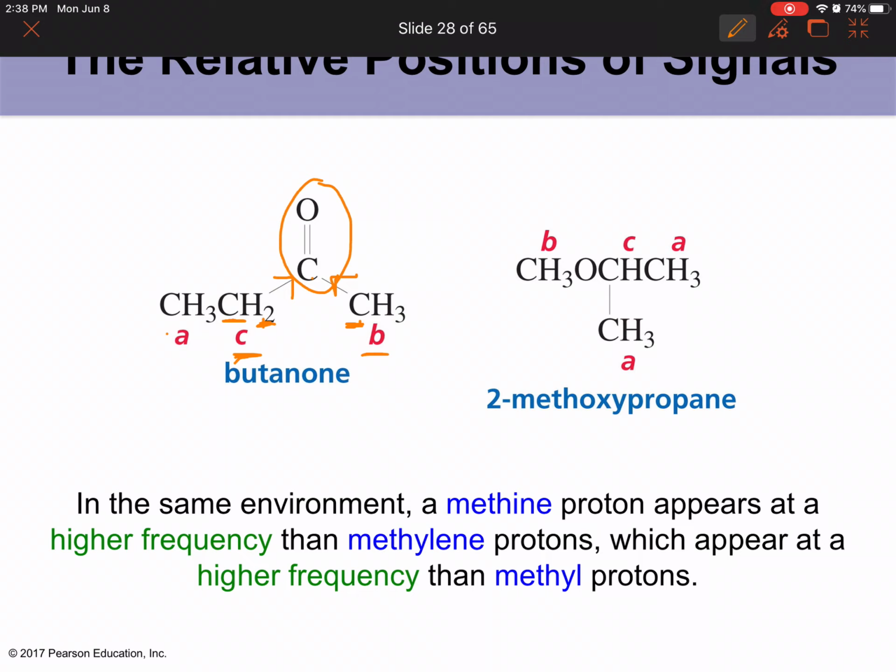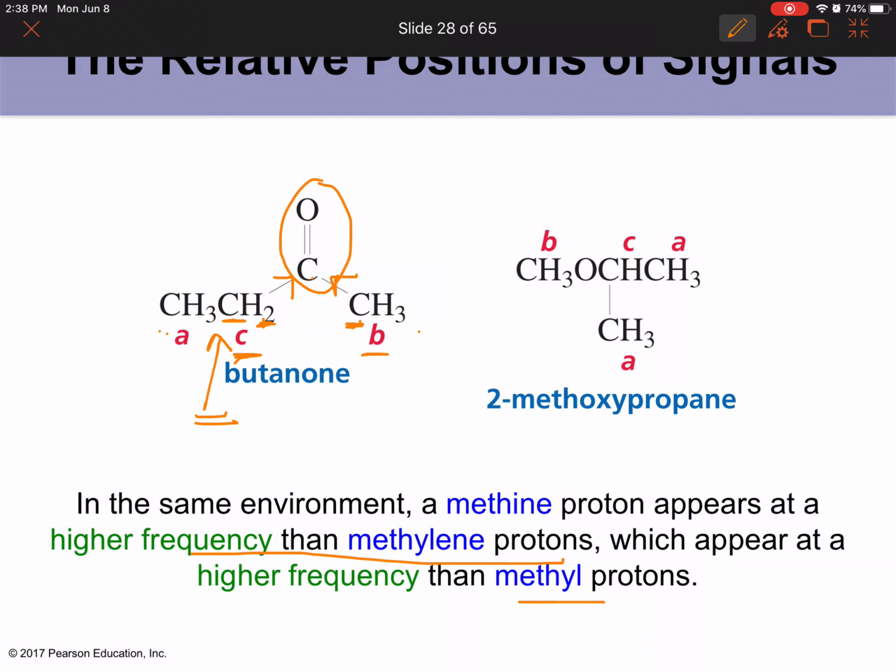So 2 hydrogens and a carbon, and then on the B 3 hydrogens. So because of that, C would be the one that would appear more deshielded compared to B. And this is going to be your methine proton.